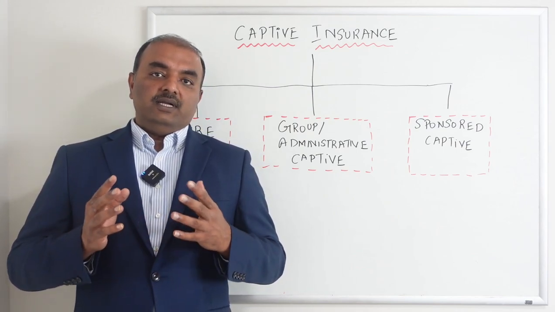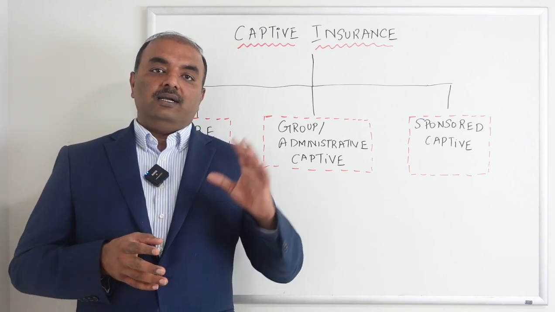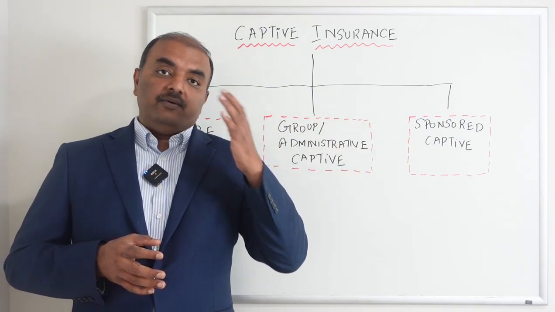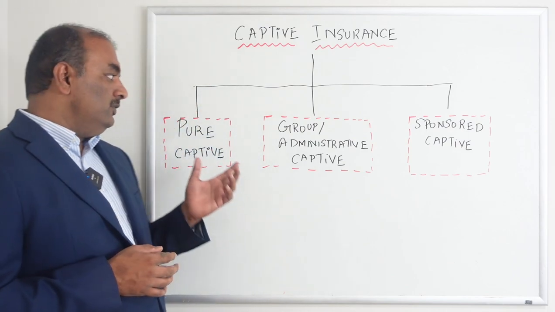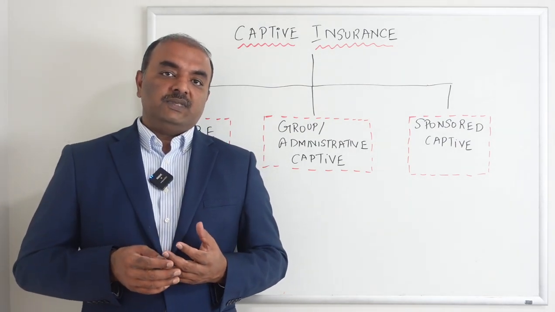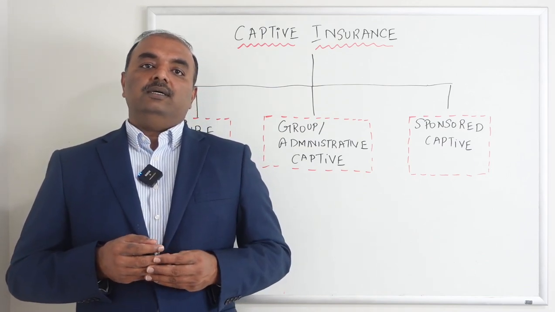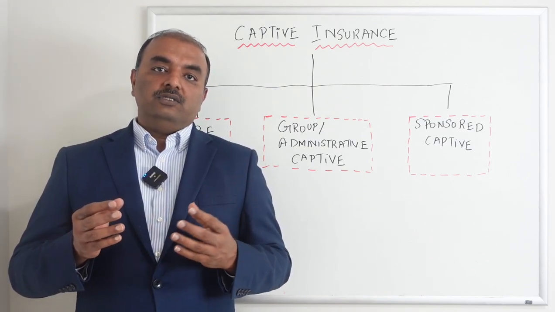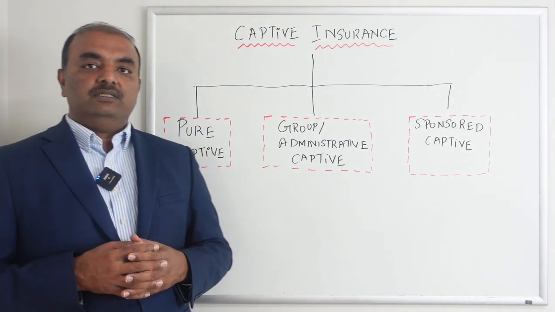They can form the insurance company, and that insurance company will serve only that entity, either Walmart or Target, right? That's the reason why they call it pure or single captive. The benefit here is, if that company doesn't have any big losses, the underwriting profit can be used solely by the pure captive insurance company.